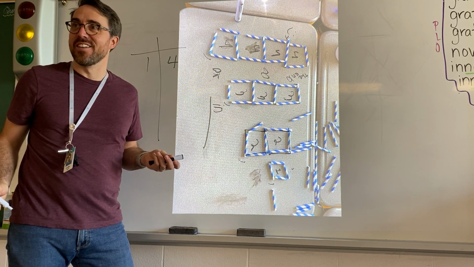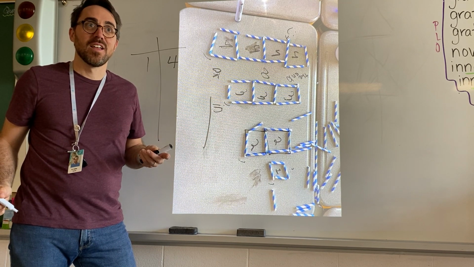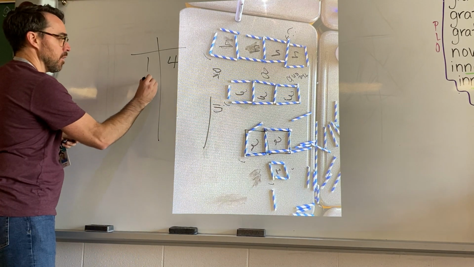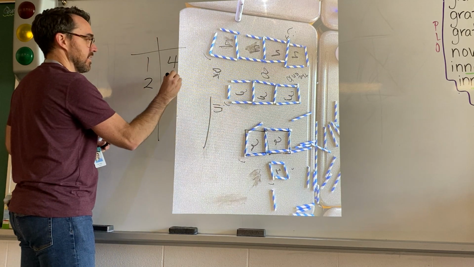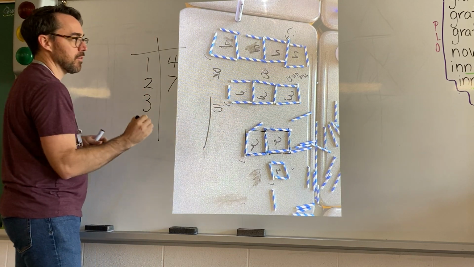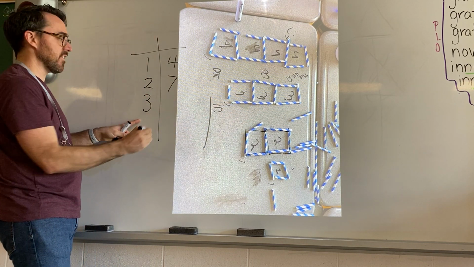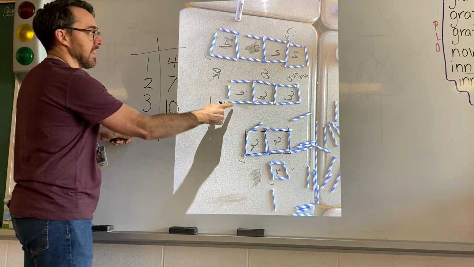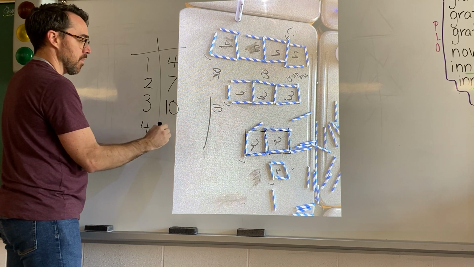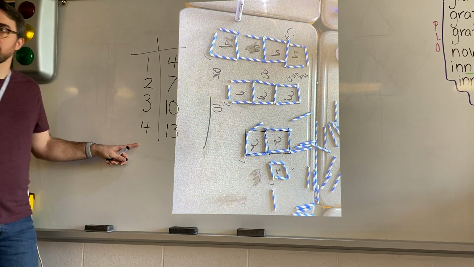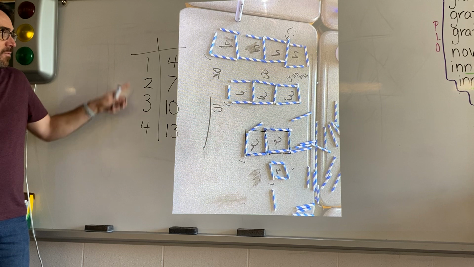This is a cool pattern. Quinn? You got it, 3. I've added 3. So term 2 is 1, 2, 3, 4, 5, 6, 7. Term 3, I add 3 more. I'm at 10. Term 4, I've added 3 more. I'm at 13. So here's my patterning table.